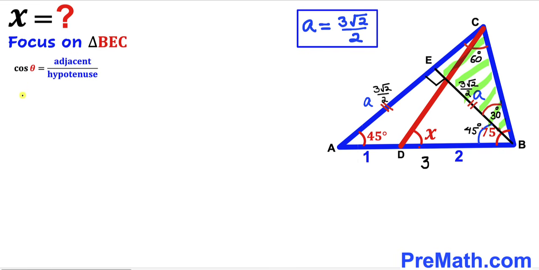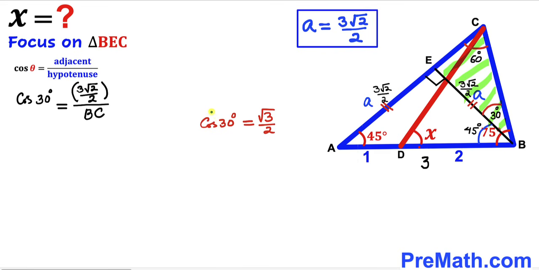So therefore, for cosine of 30 degrees, our adjacent side is 3 times square root of 2 divided by 2, and then our hypotenuse is BC. So I'm going to divide this one by BC length.